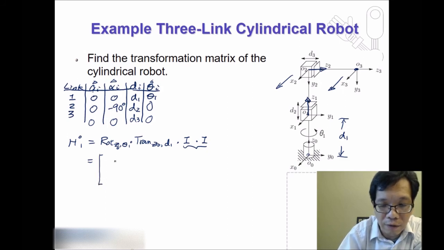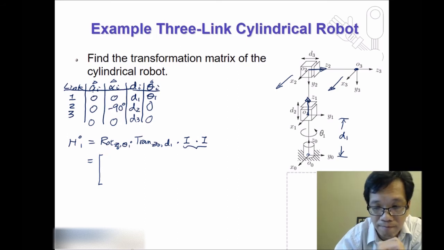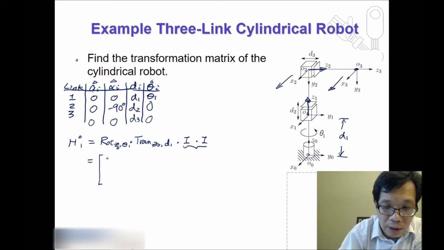So if we do that, we will have the rotational, which is going to be cosine theta 1, sine theta 1, negative sine theta 1, cosine theta 1, 0, 0, 0, 0, 0, 0, 1, 0, 0, 0, 0, 1.